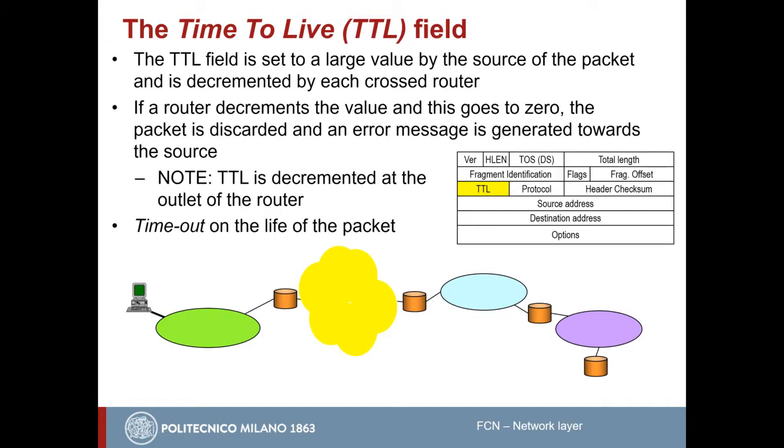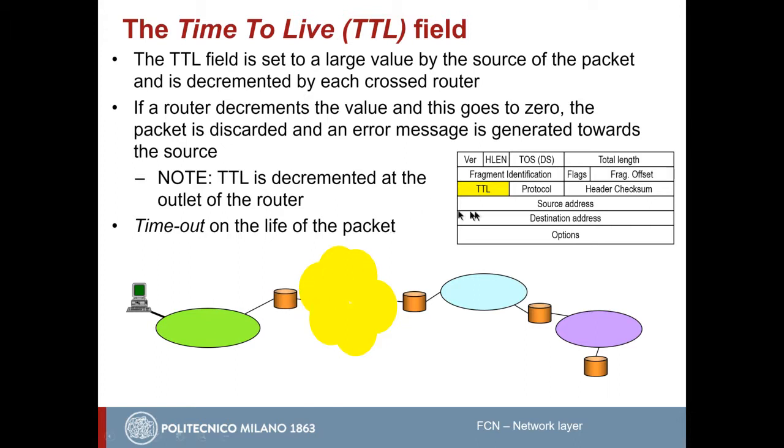Time to live is the field that implements the limitation on the lifespan of an IP packet in the internet network that I introduced before. It's a field that is set to a certain value by the source of the packet, and then it is decremented each time the packet is managed by a router.